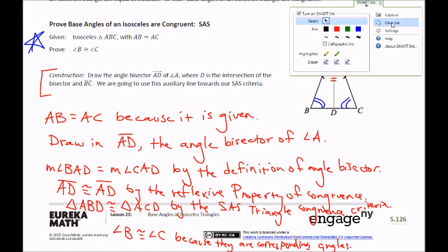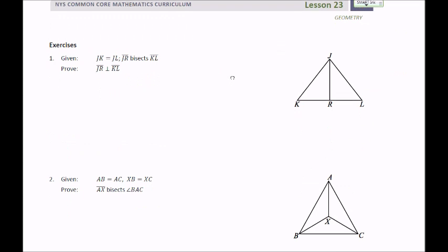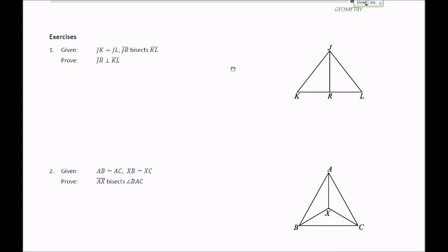The next problem I want to do, and this is the last problem we're going to do, is I'm going to change this picture to meet one of our standards. So this is not the problem we're going to do. One of our standards is to prove that any point on the perpendicular bisector is equidistant from the two endpoints.